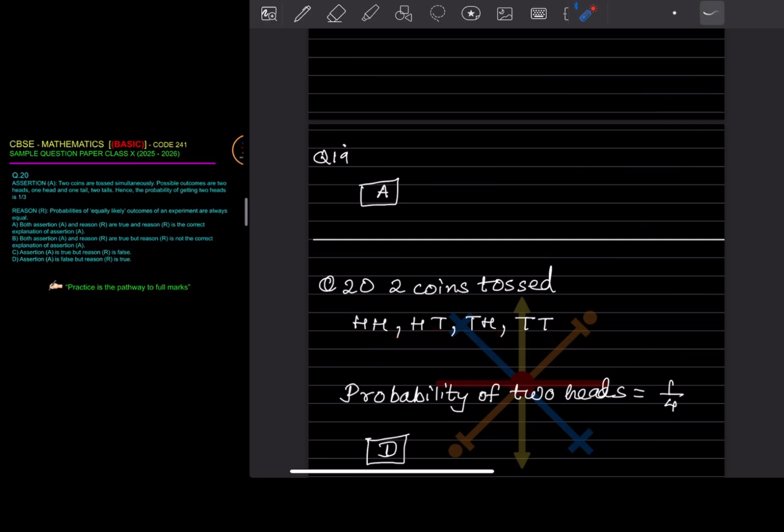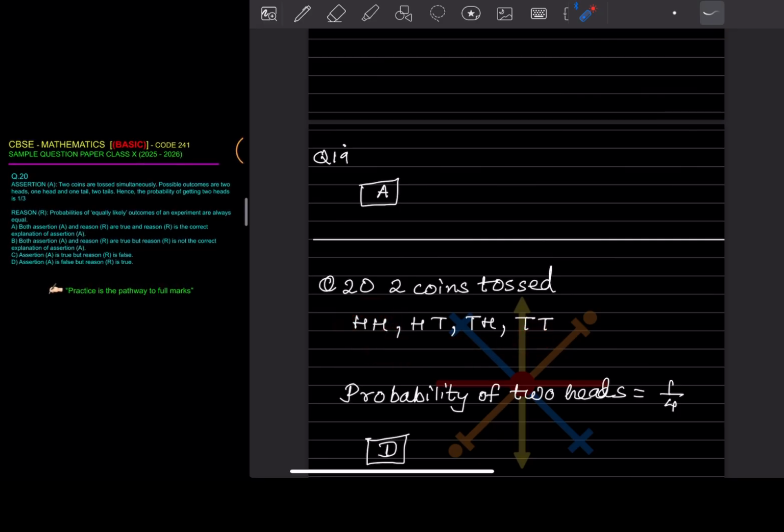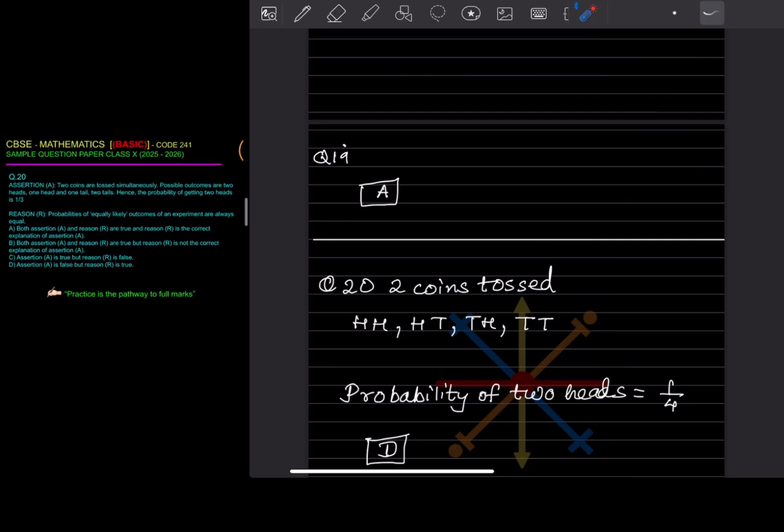The probability of two heads is 1 out of a total of 4, so 1 by 4. They have said it is 1 by 3, which is not true. So assertion A is false, but reason R is true. So the option is D.